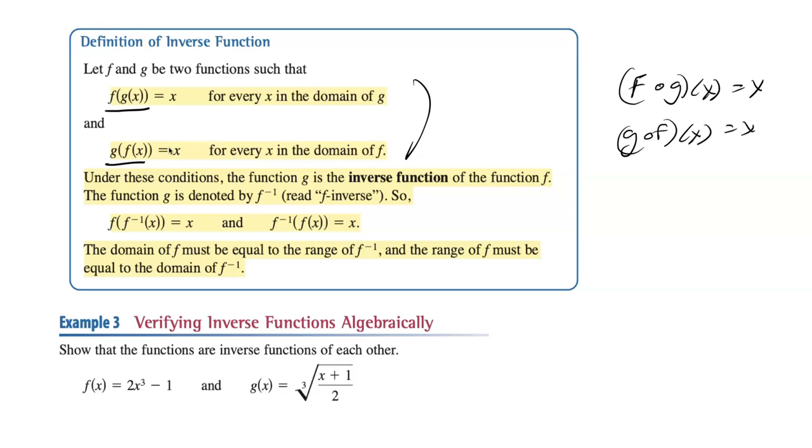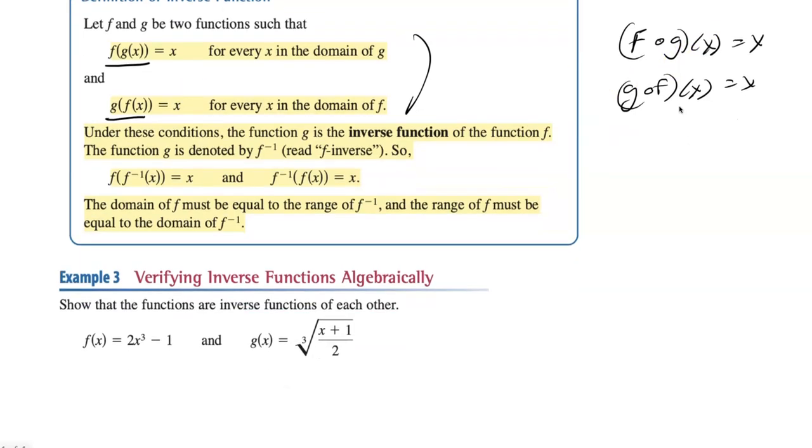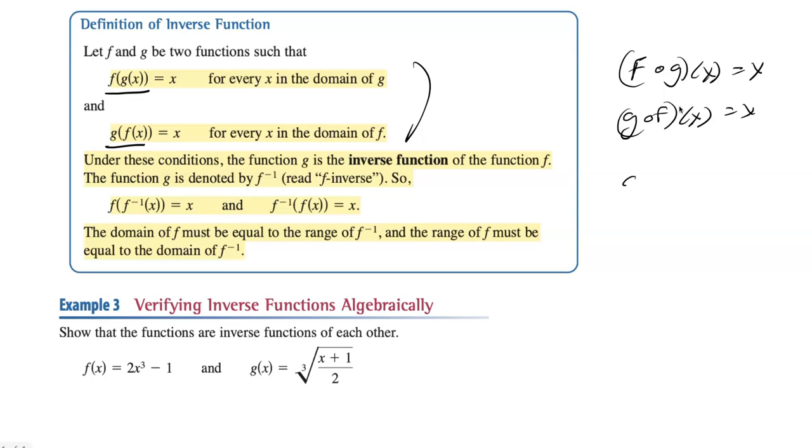So you could say g of x equals the inverse of f. I'm just letting you know that's what the inverse notation is: f with the -1 power, or g with the -1 power. That thing means inverse. So that's the inverse of f of x.